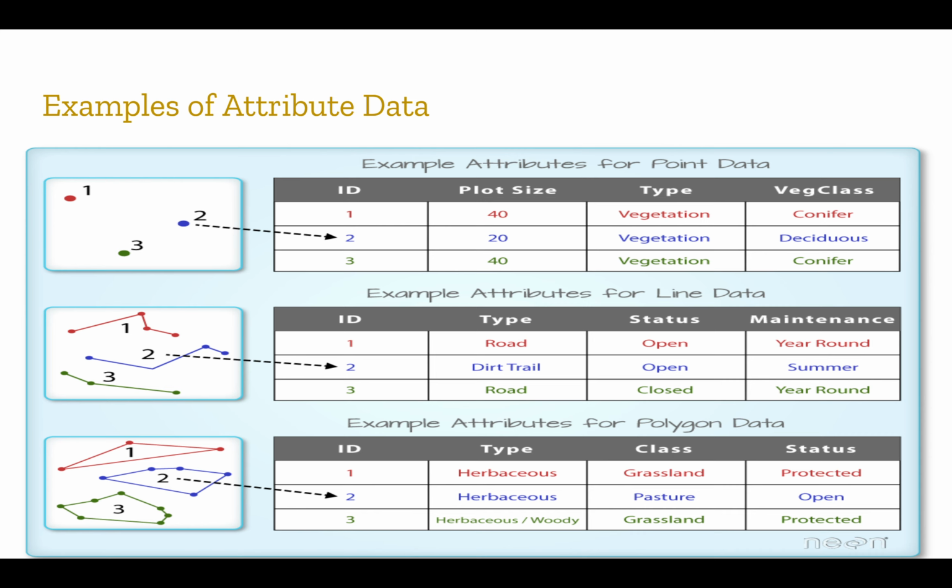The attributes here describe details such as the type of road, its status, and maintenance schedule. Finally, at the bottom, we have polygon data, which defines areas such as grasslands and forests, and associated attributes include the type of vegetation, its classification, and protection status. Together, these examples illustrate how attribute data adds descriptive meaning to spatial features in a GIS, explaining not just where something is, but what it represents.